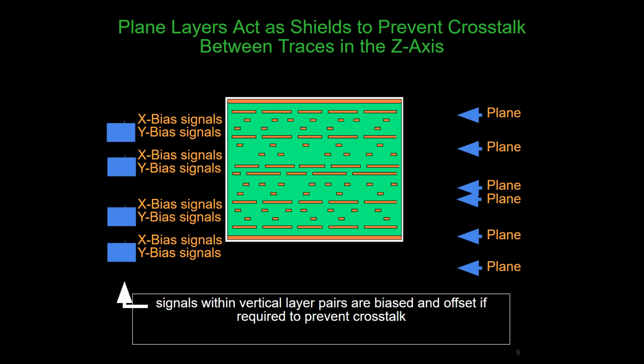If a power plane is one consistent power rail, for example 3.3 volts, it can be used as a return plane. If power is broken up into many power levels, for example 1.8 volts, 2.2 volts, 3.3 volts, or 5 volts, then it should be considered a signal layer and not used as a return plane.